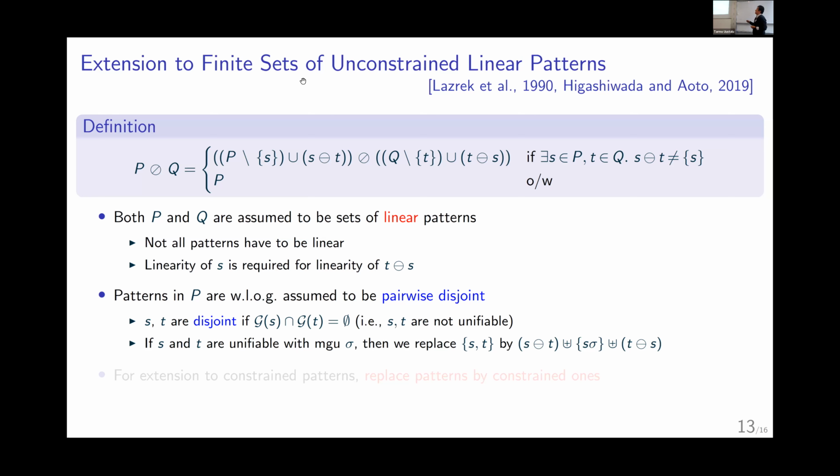And if S and T are unifiable, then there are some differences for the overlap part, and thus we remove S from P and add S minus T, and we remove T from Q and we add T minus S, and then we recursively compute the difference of the two sets. This is the extension to finite sets.